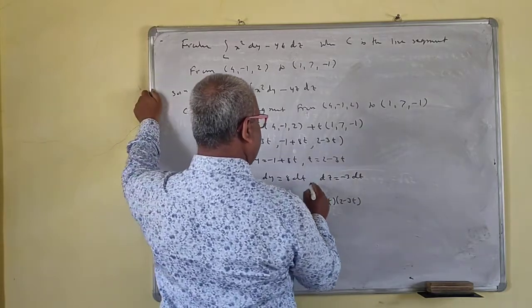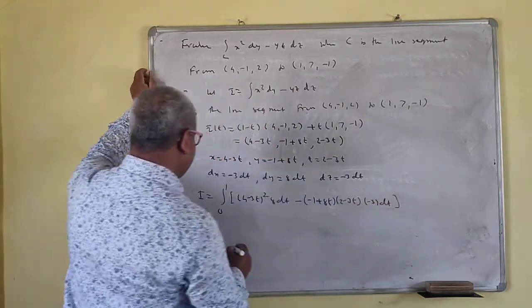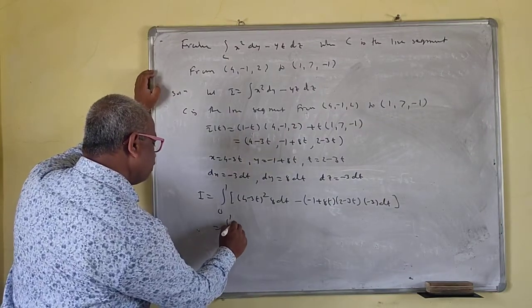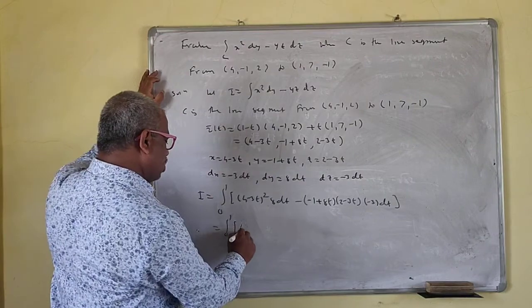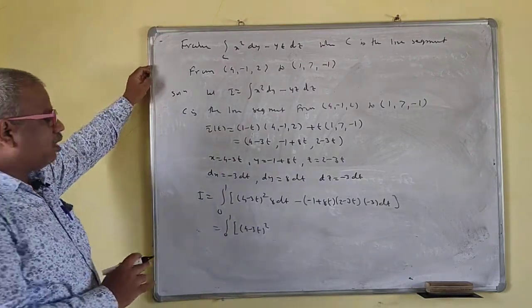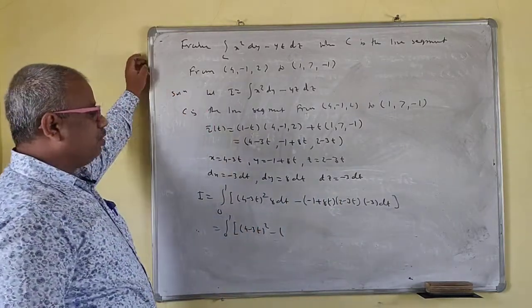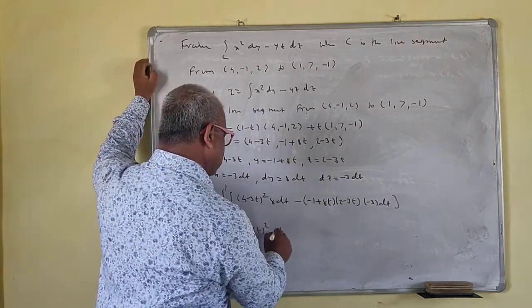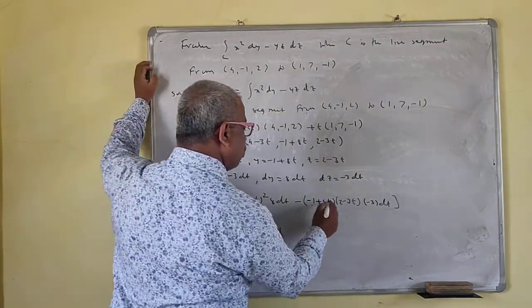What is dz? dz is minus 3 dt. Okay, so I will take dt common and simplify this. I will keep this 4 minus 3t bracket square as it is, because easily I can integrate that. Minus, just we will simplify this. Minus minus becomes plus 3 now. So this is plus 3. Just multiply this. This is what?